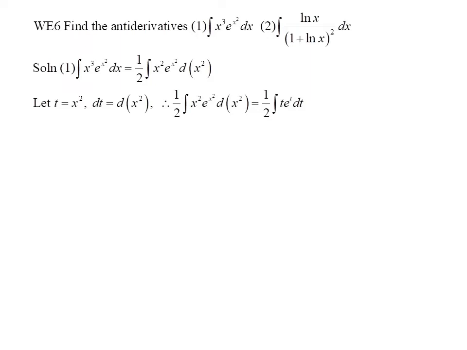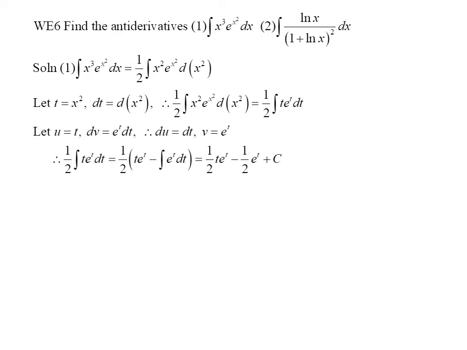Now we apply the integration by parts technique to find the general solution of this antiderivative. We let u equal t and dv equal e^t dt. That leads to du equals dt and v equals e^t.